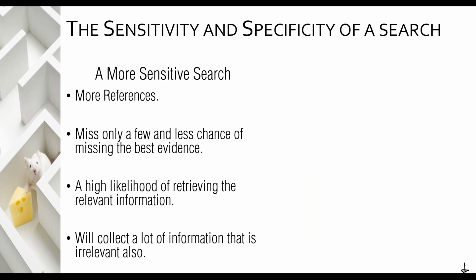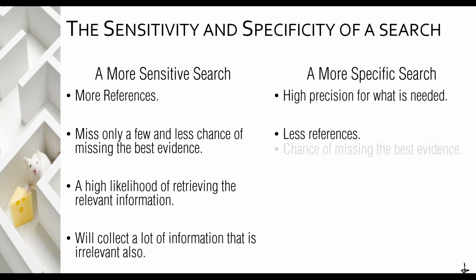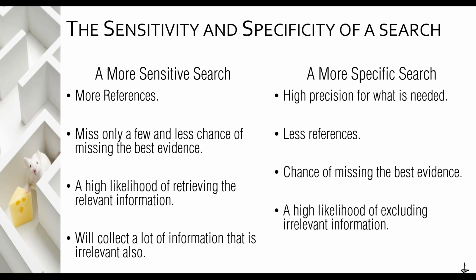Now, when you talk about the sensitivity and specificity of a search, the more sensitive a search is, the more references it returns, the bigger it is, and you have less chance of missing good evidence. But on the other hand, a lot of completely useless information is going to be included in your search, so you actually have to filter it.